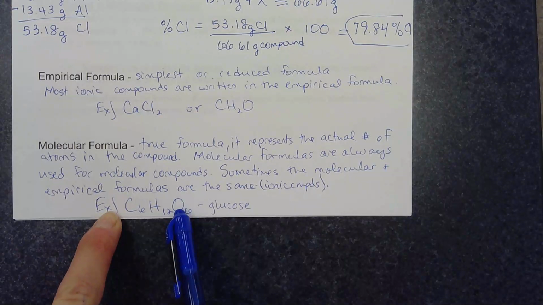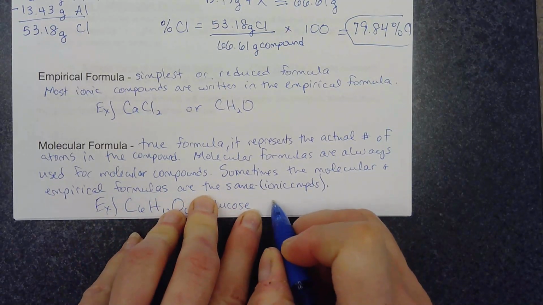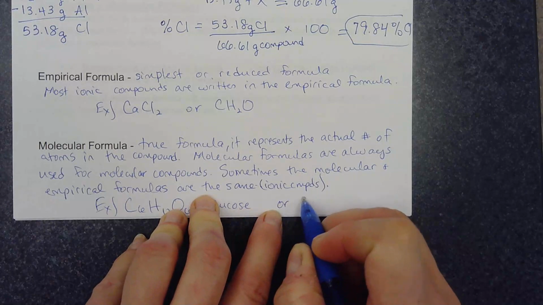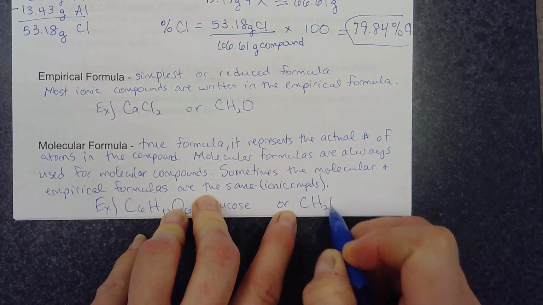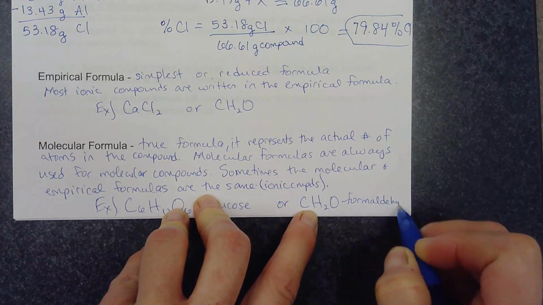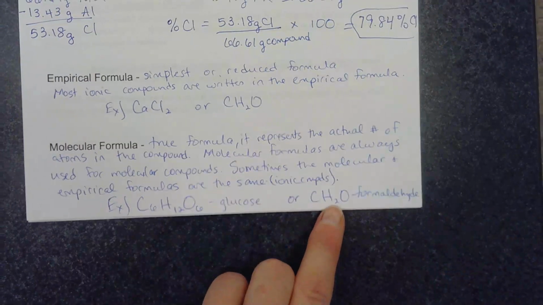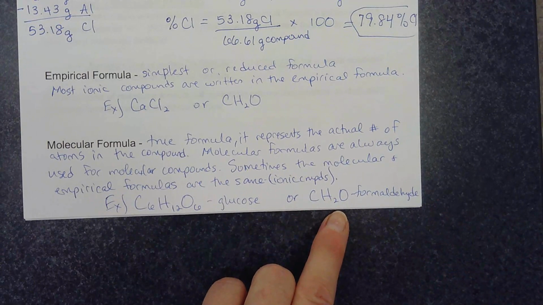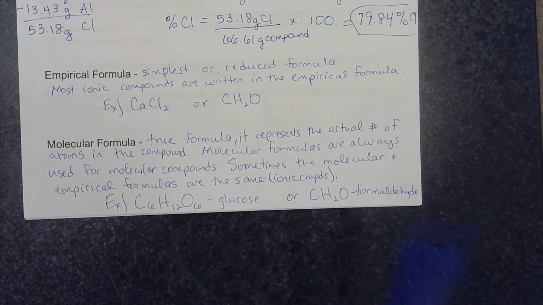Now, sometimes, as I've already said, the molecular formula and the empirical formula are the same. That, just CH2O, is formaldehyde. So simply CH2O, that's it, that is formaldehyde.